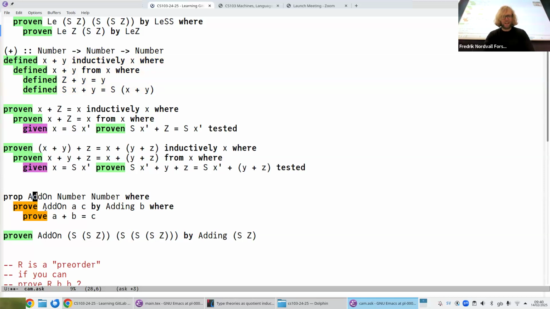And we say, well, add-on AC is true if you can provide a B such that A plus B on the right is equal to C. And it happens to be the case that A plus B is the same as B plus A, but here we have defined it to be on the right. So you have to explicitly appeal to that symmetric proof if you want to use B plus A instead. Does that answer the question? Yeah, that answers the question quite well. Thank you very much.